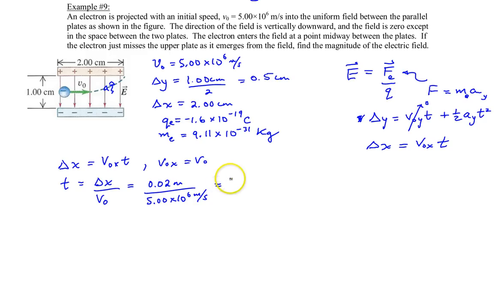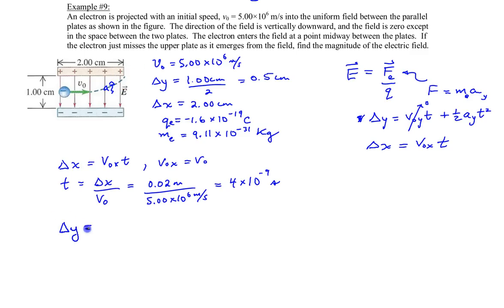And that gets us 4 times 10 to the power negative 9 seconds. So that's how long it takes to go across the plates. Okay, now we know that the time that it moves horizontally is the same as the time that it moves vertically. So let's now use our vertical displacement equation.